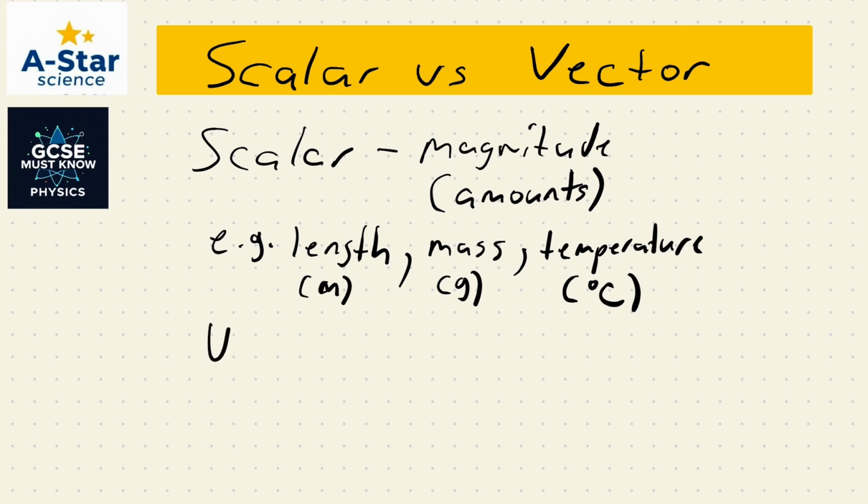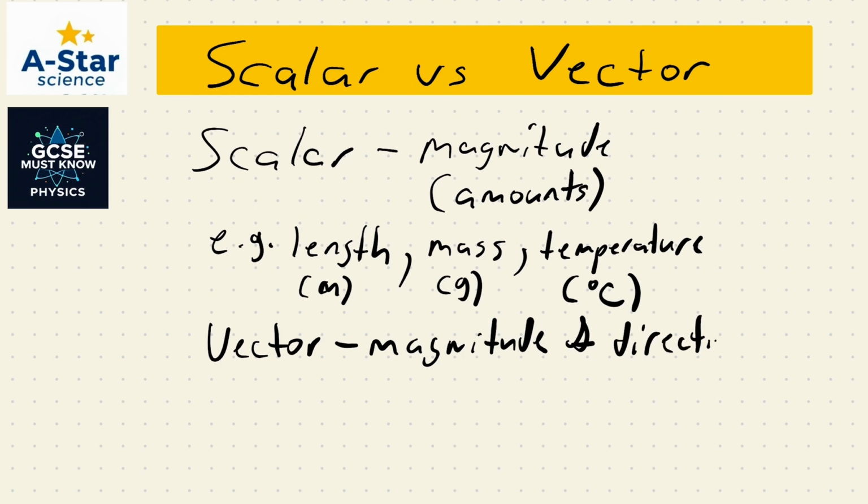Vector quantities, they have magnitude and direction. So they become really important in terms of objects in motion. For example, force, which is measured in newtons, but has direction.